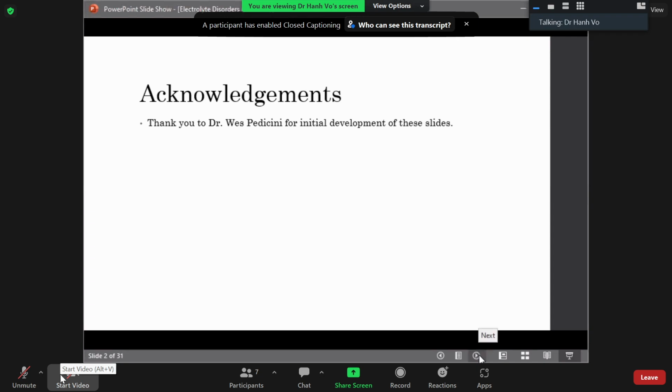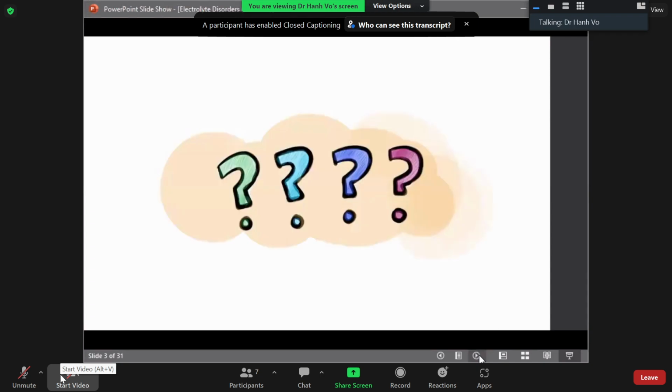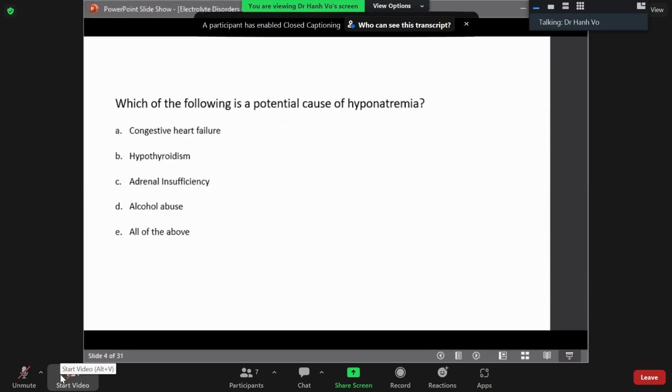So now we go to the question first. Which of the following is a potential cause of hyponatremia? I can do the roll now. So anybody have a question?